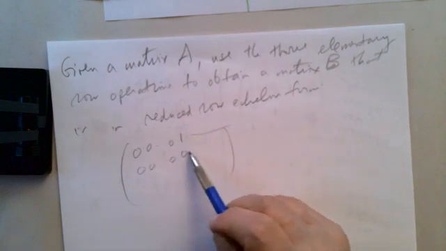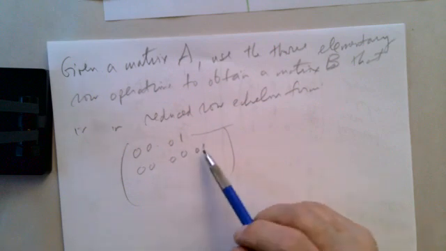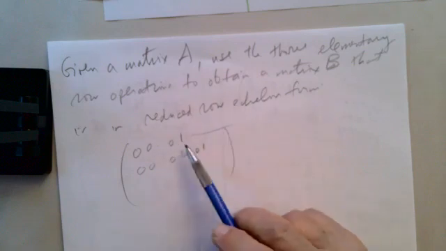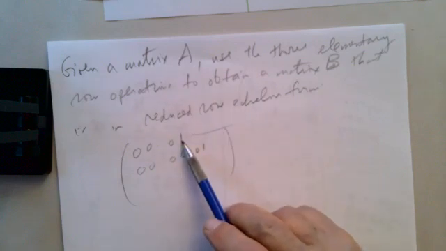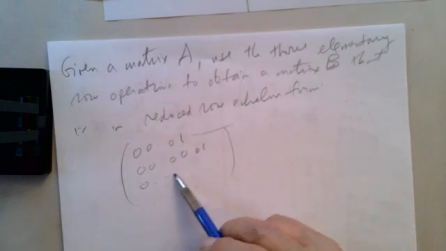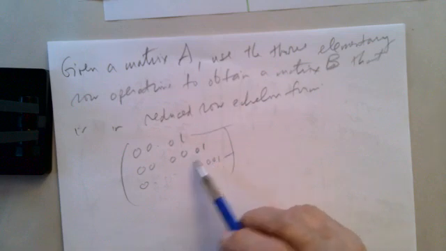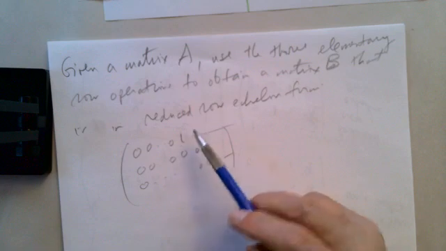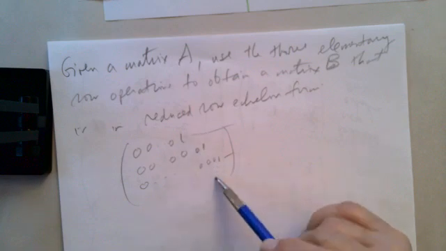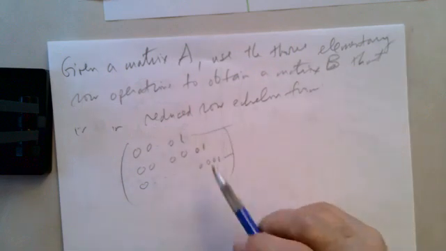And in the next row, the first non-zero element is a 1, but it's to the right of the column where the first one is. So as you move across, the first non-zero element is always a 1. As you go from one line to the next, the ones are moving to the right.